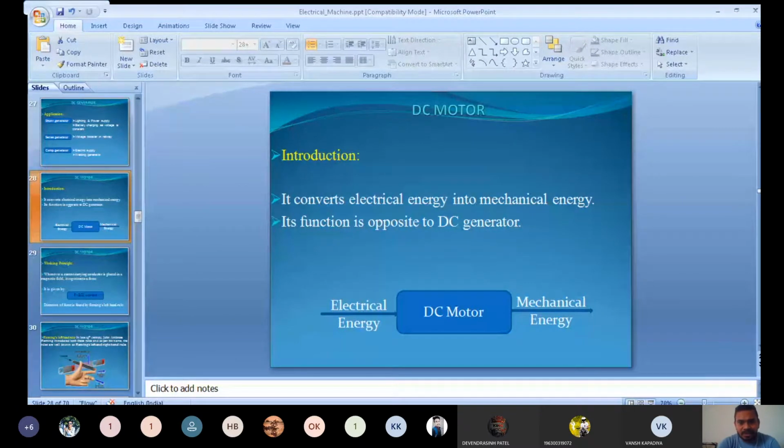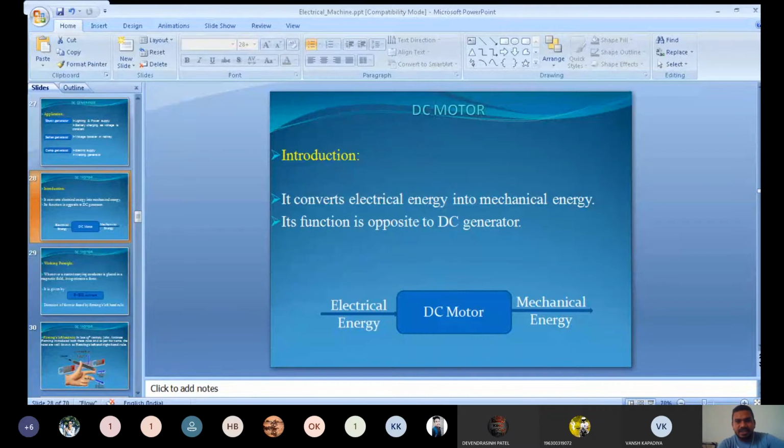First of all, the application or function of the DC motor. It converts electrical energy into mechanical energy. The rotating electrical machine which converts electrical energy into mechanical energy is known as a DC motor.